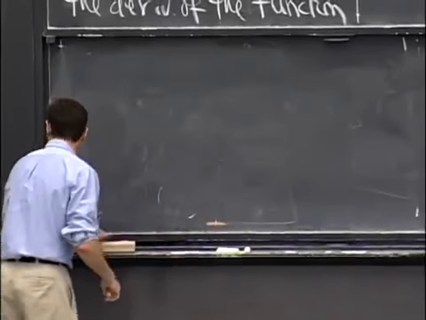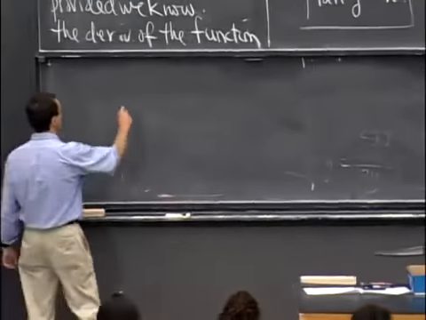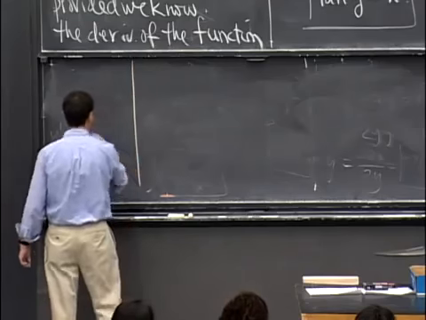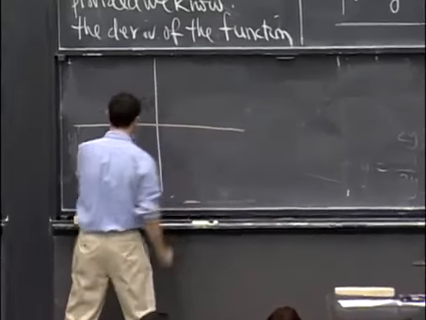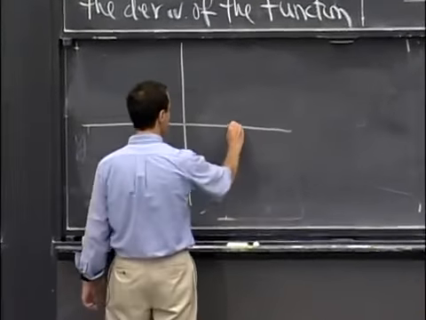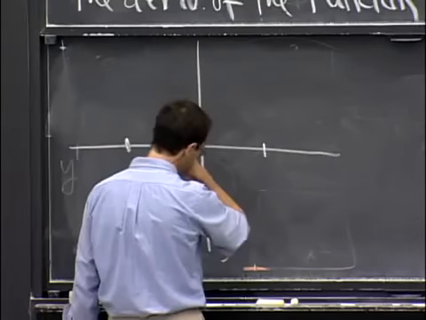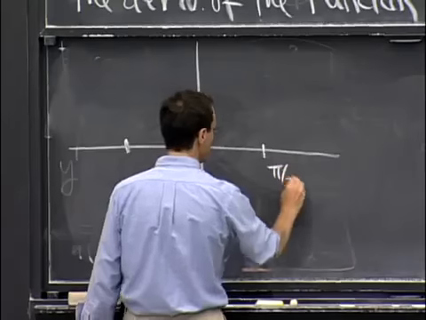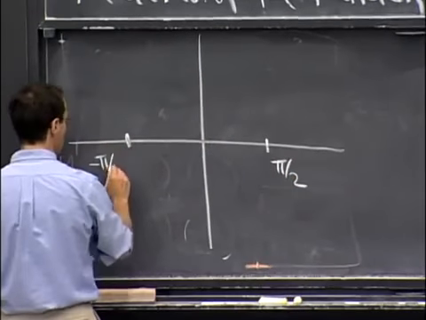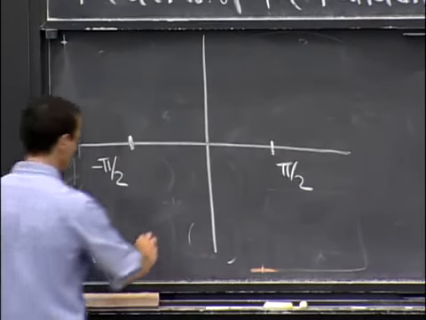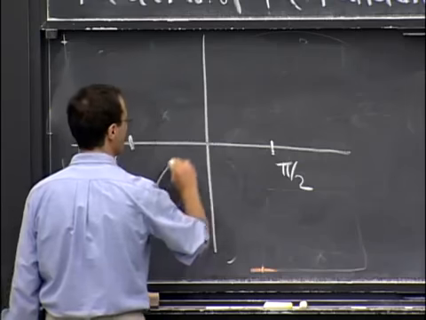So I want to do something which is analogous to what I did over here with the square root function. So first of all, I remind you that the tangent function is defined between two values here, which are pi over 2 and minus pi over 2. And it starts out at minus infinity and curves up like this.